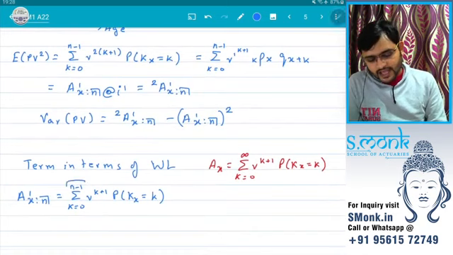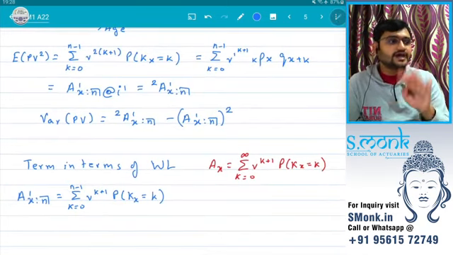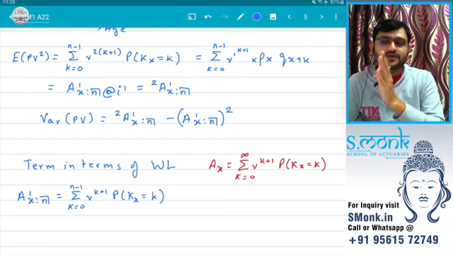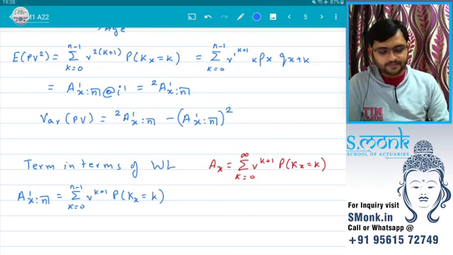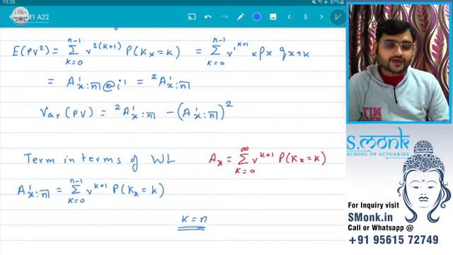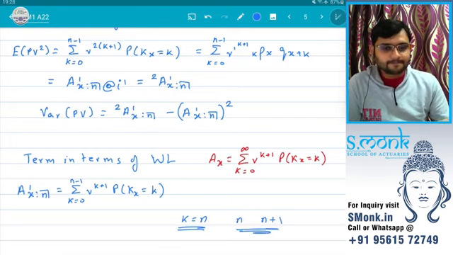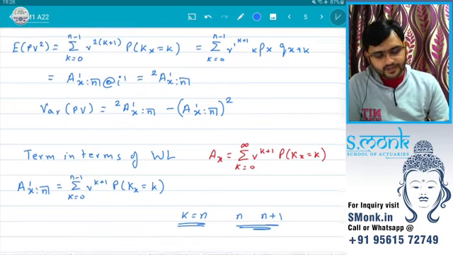So n minus 1 means the person survives till n minus 1 years and dies between n minus 1 and n. If k is equal to n, that means survived n years and died between n and n plus 1. There should be no payment for that. Right? Okay, sir.